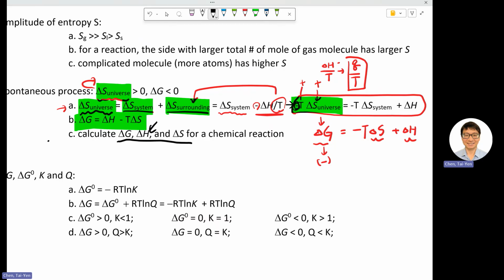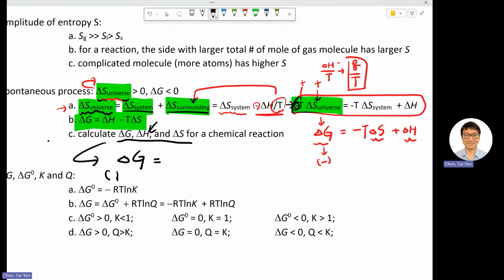But the basic idea is always very simple. If you want to calculate the delta G of a chemical reaction, it's always product minus reactant.